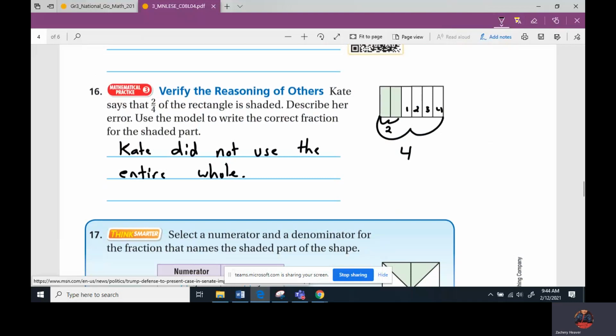She used what was left. She took 2 pieces and used what was left. When really it's 2/6. 2/6 is the fraction. Not 2/4.